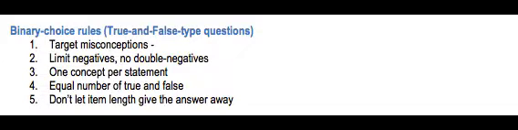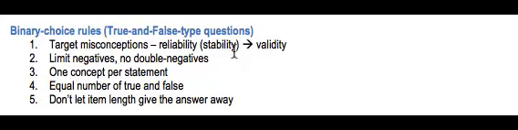But it's not. They're actually different. And so you would want to focus on that as the subject of a true and false type question. Again, this ain't the greatest rule. It really deals with the reliability issue, stability reliability, to be precise. And of course, that always turns into a validity issue.